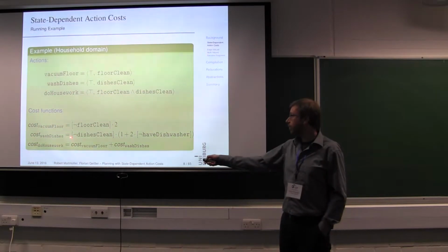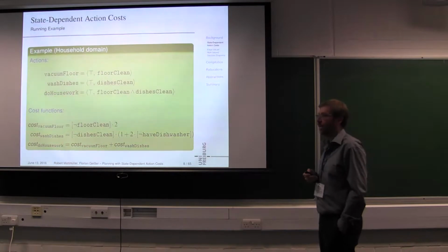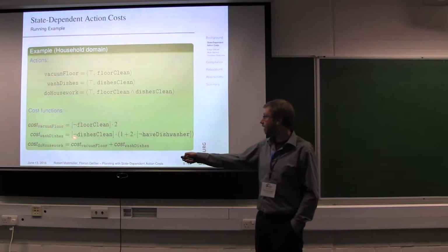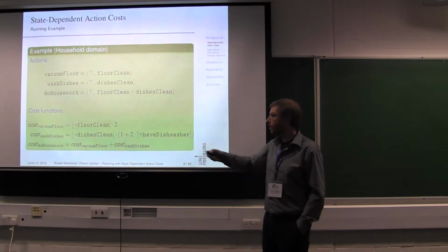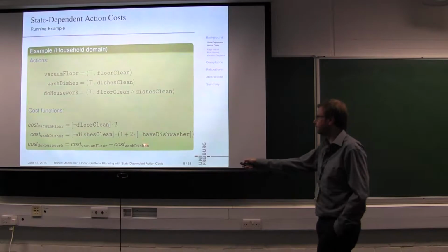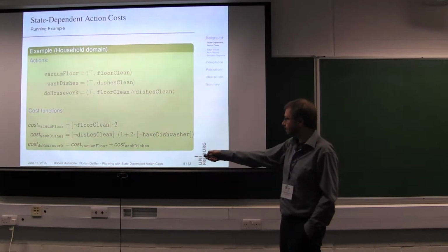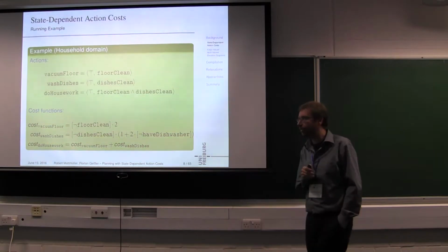Washing the dishes costs 0 if the dishes are already clean. Again, there's nothing to do. And if they're not clean, if they're dirty, it costs at least 1 plus 2 additional units if you have to do this dishwashing manually, if you don't have a dishwasher. So this cost function of washing the dishes depends on 2 state variables, dishes clean and have dishwasher.